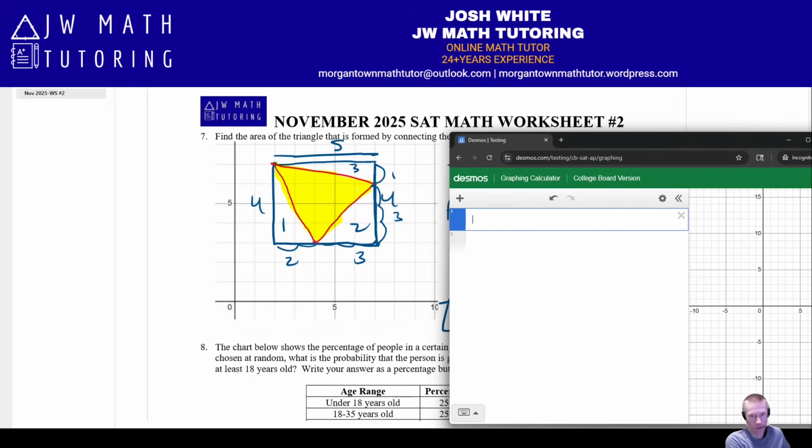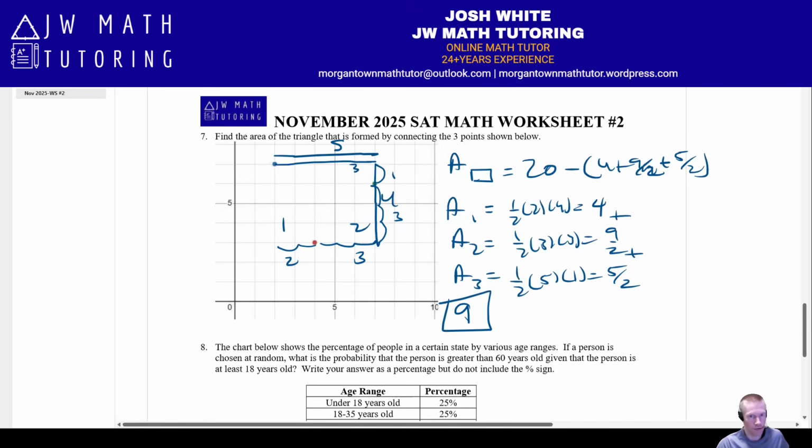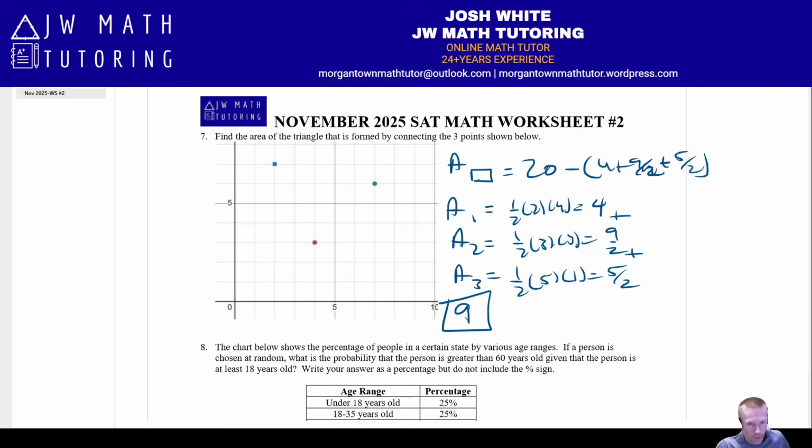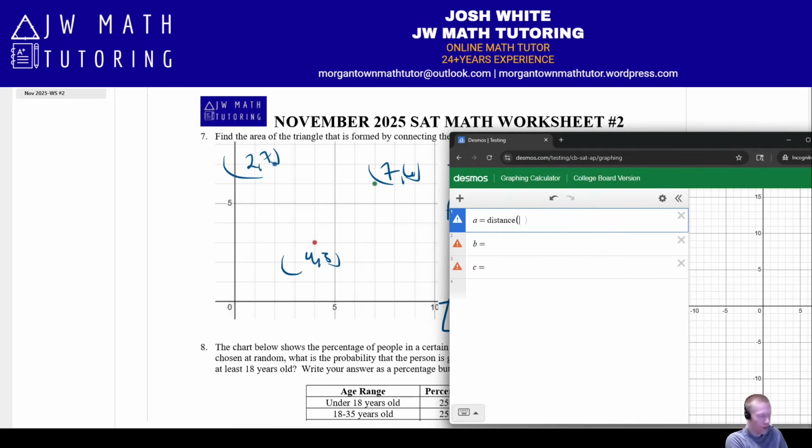Essentially, you're going to have three sides. I'm going to call one of them A, one of them B, and one of them C. Let me go back to the picture and erase some of this stuff so I can put the various coordinates on here. Okay, we've got 4, 3, we've got 2, 7, and we've got 7, 6.